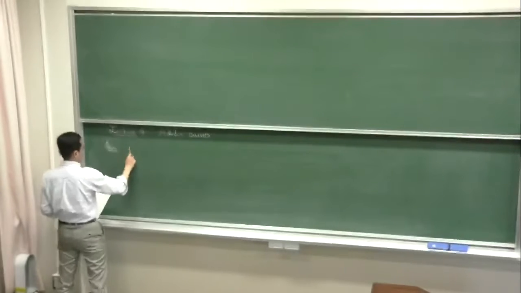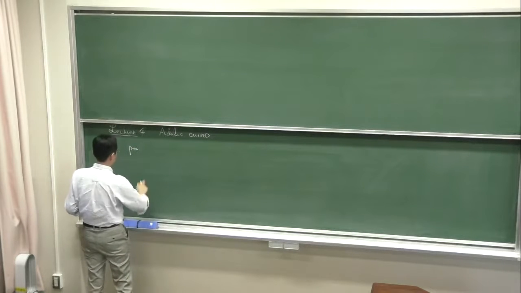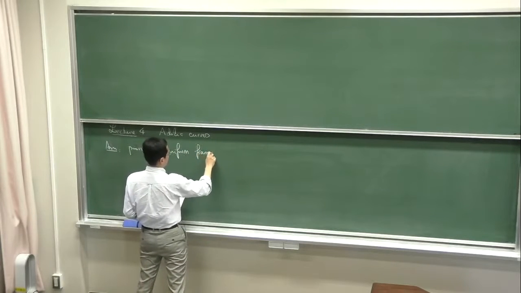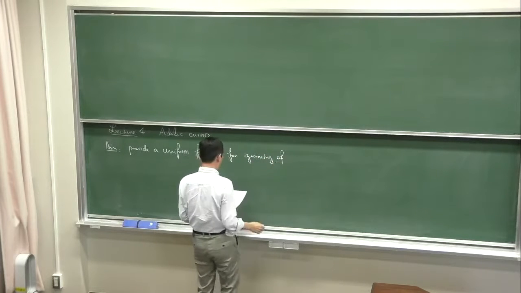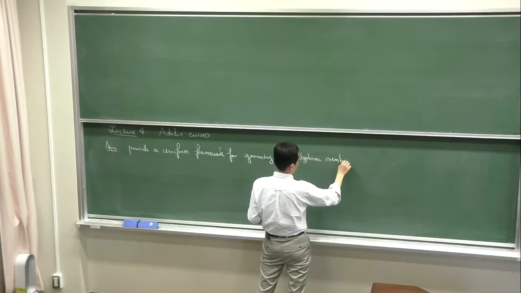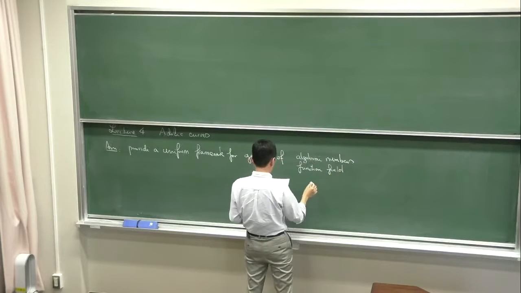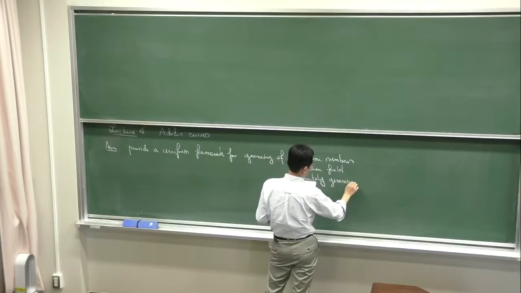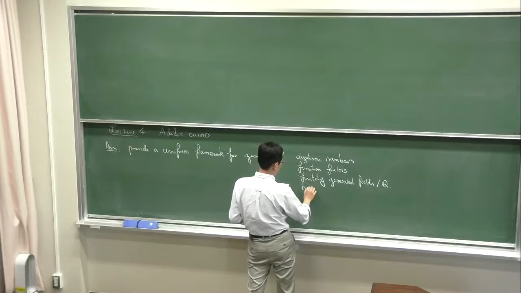Our aim is to provide a uniform treatment for geometry of numbers, not only for usual algebraic numbers, but also, for example, function fields, also finitely generated fields over Q, and also trivially valued fields.